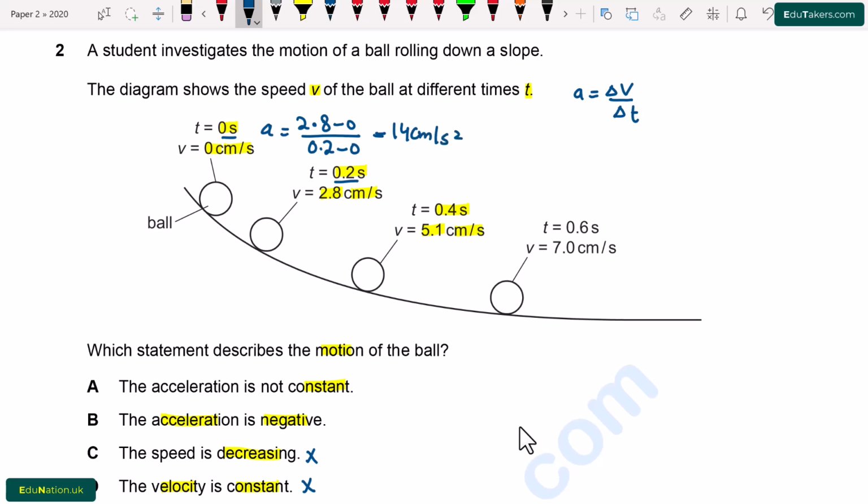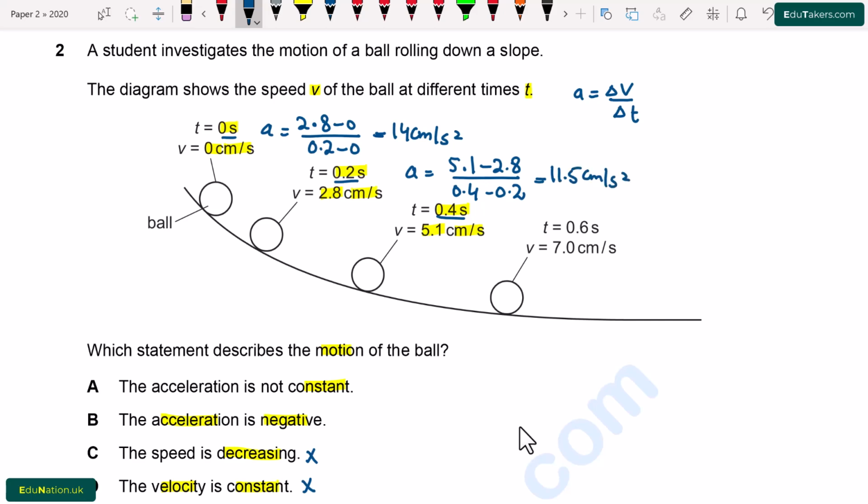Now for the further time, when t is equal to 0.4 second and t is equal to 0.2 second, acceleration will be equal to 11.5 centimeter per second square.